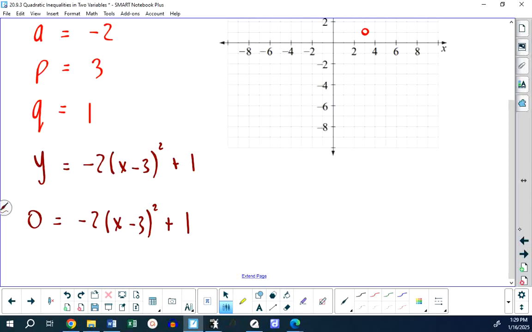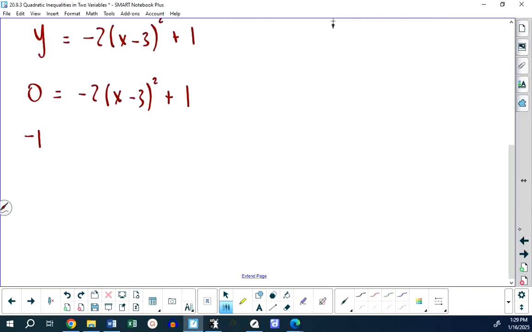And rearrange it. There's only one x in there. We can peel off every other number until we're left with x. I can subtract 1 from both sides. I can divide both sides by 2. Take the square root and then add 3.